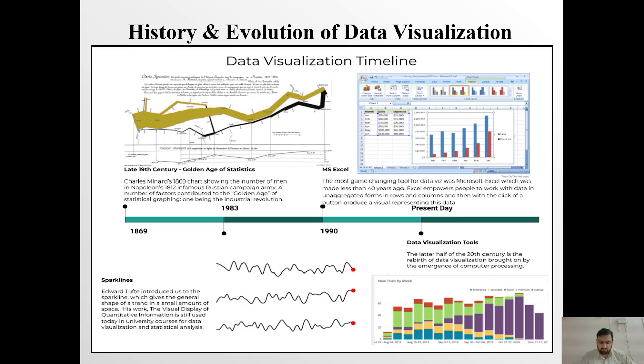In 1869, the Golden Age of Statistics. This famous chart by Charles Minard shows Napoleon's 1812 Russian campaign. It visualized the size of the army, geographical temperature and losses all in one chart. Here you can see the Golden Age of Statistics, 19th century. Then 1983, sparklines by Edward Tufte. Edward Tufte introduced sparklines, tiny graphs that show trends in a small space.